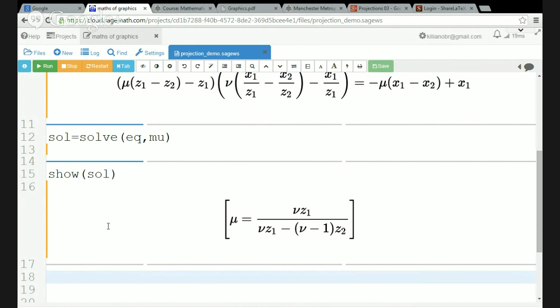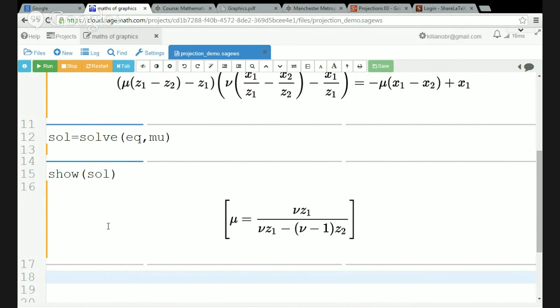With this value of mu, what role did the parameter mu play? Remember, mu was the parameter which tells you where along the original line in the world space you are. So we have a value for mu now in terms of the setup of the problem and in terms of the input parameter nu.